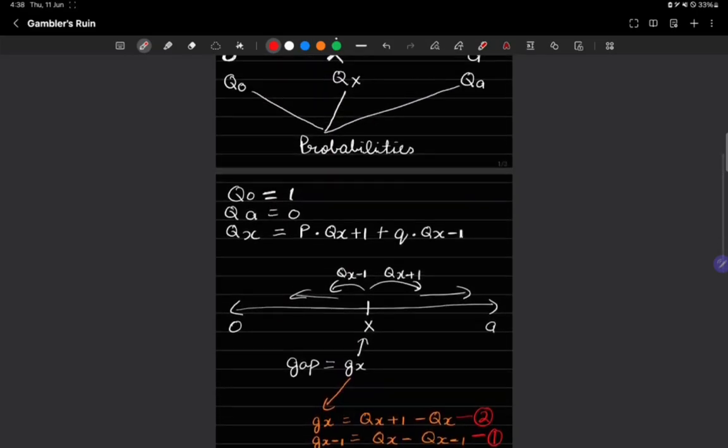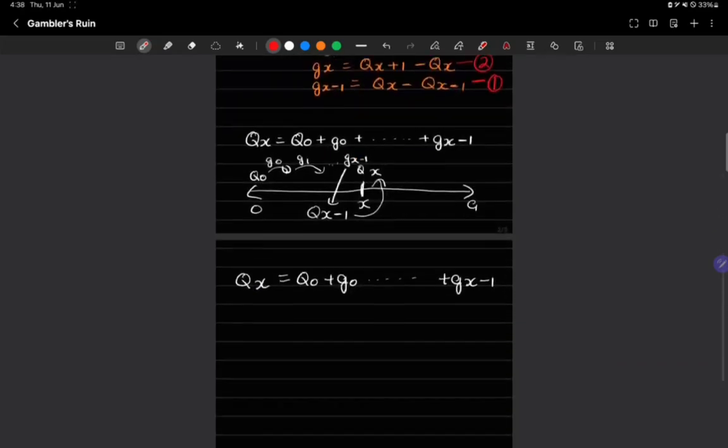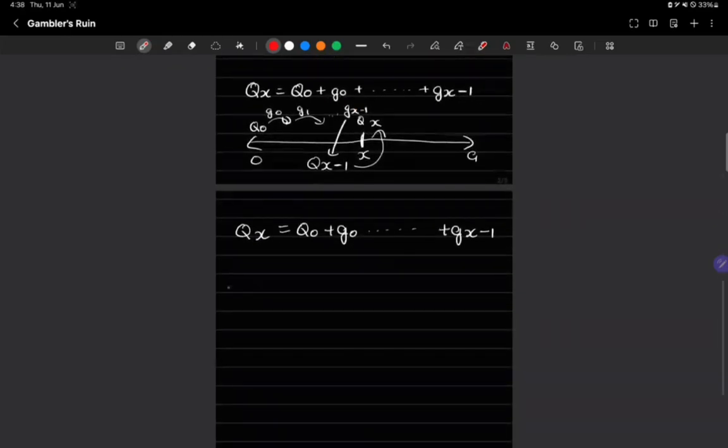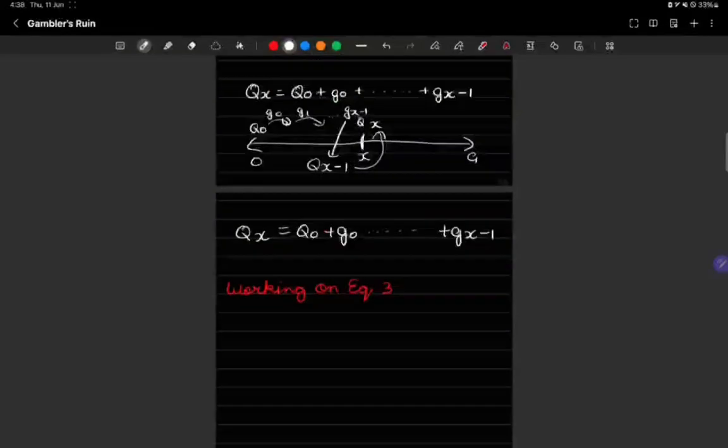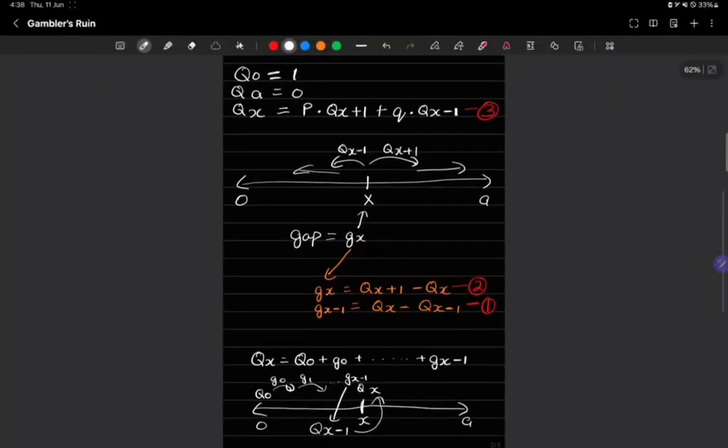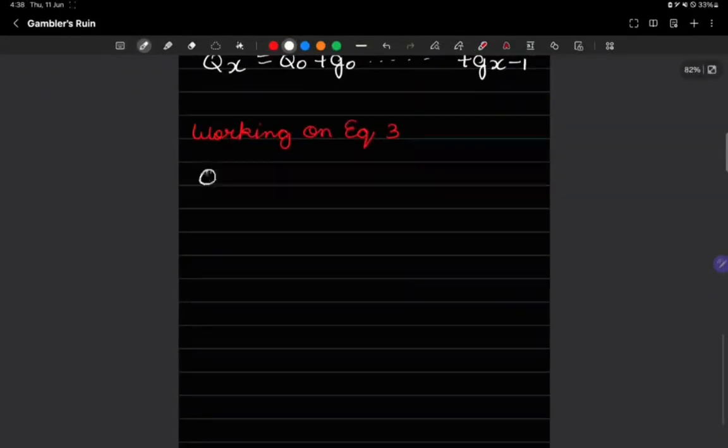Let's say this equation is our third. So working on the third equation, our third equation is Qx equals p Qx plus 1 plus q Qx minus 1.